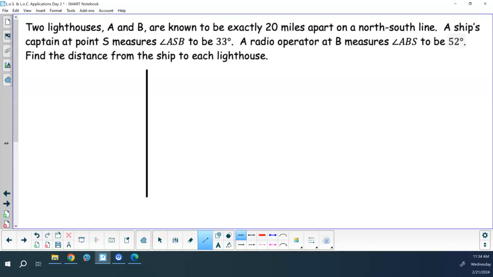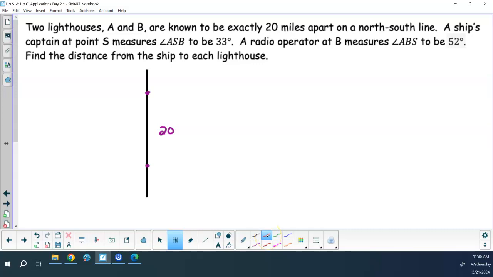So, then, 2 lighthouses, A and B, are known to be exactly 20 miles apart. So we should probably put A and B on there, but we don't know quite where they land yet. So let's just put here and here, and we know that that length is 20. Okay? A ship's captain at point S measures angle ASB to be 33 degrees.